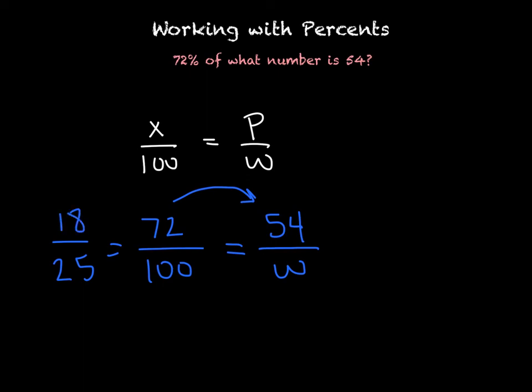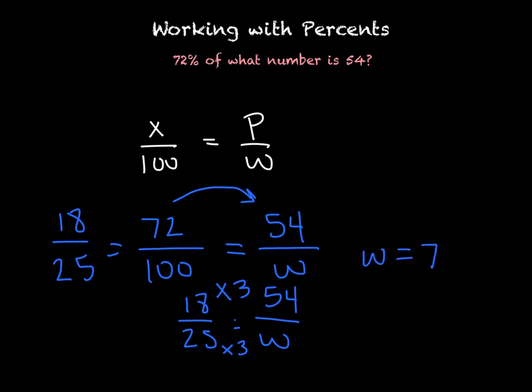Now how this helps is now, if I write that down here, I can do times 3 times 3, and 18 times 3 is 54, and so 25 times 3 is going to give us our answer of 75. So 75 is the whole. If I would do 72% of 75, I would get 54.